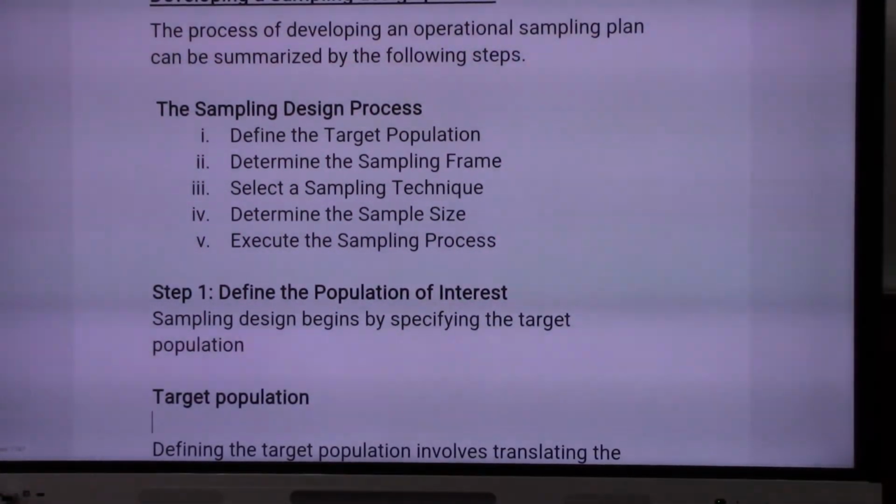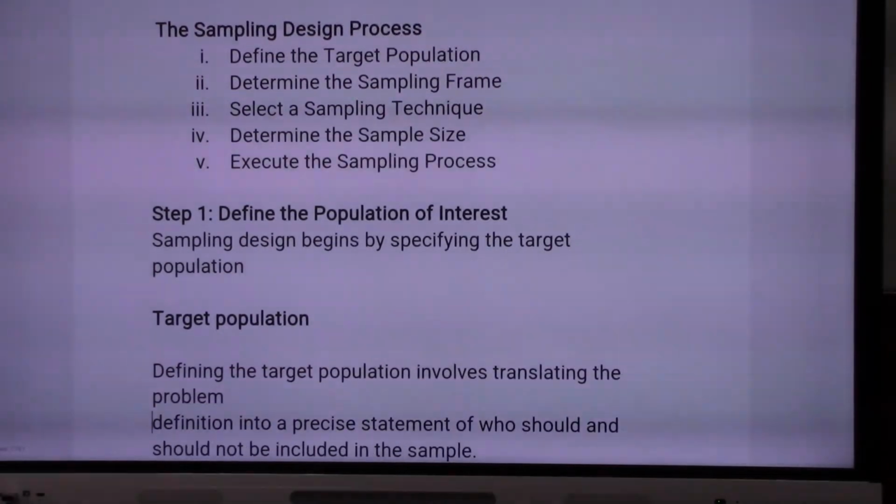The first step is defining the target population, or defining the population of interest. Sampling design begins by specifying the target population.